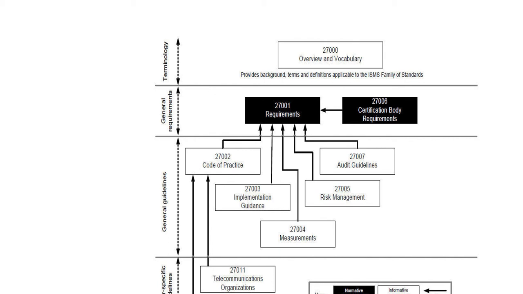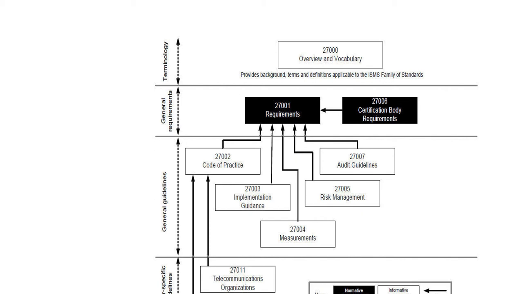The first one is the terminology. Second one is general requirements. The third one is general guidelines, and the fourth is sector specific guidelines. So the first one, the 27000 standard, deals with the overview and vocabulary. It also provides the background terms and definitions applicable to the information security risk management, information security family of standards, right?